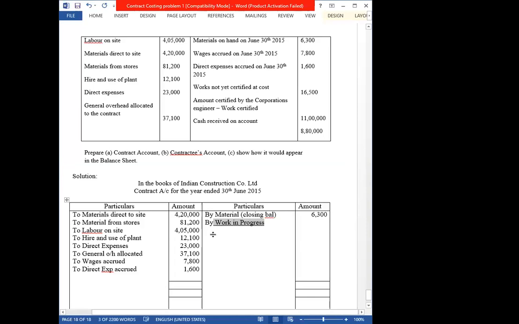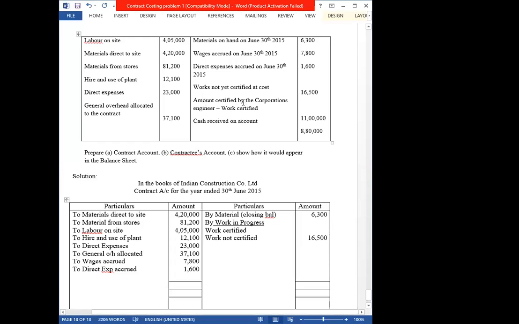Under this, the first item we will be writing is work certified, so we'll see that in the next line. But I have work not certified. They may use the words work not certified, work yet to be certified, work uncertified. They may use any word, but all are the same. So the work not yet certified is 16,500.